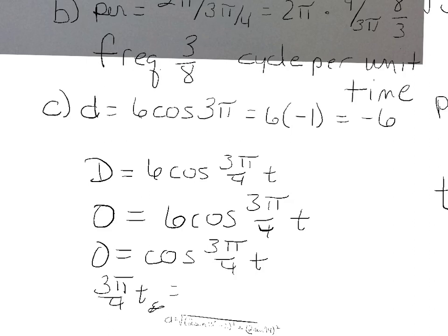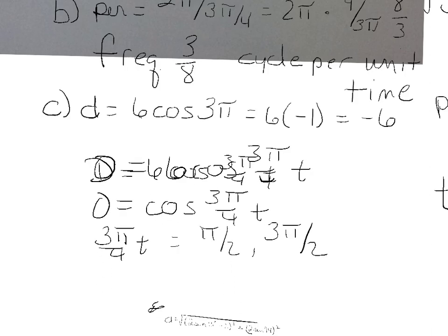It could be pi over 2, it could be what? Okay, but we're not going to go backwards here, we're just going to go forwards. 3 pi over 2. Okay, so the least positive one is going to be pi over 2, so now we can solve for t.